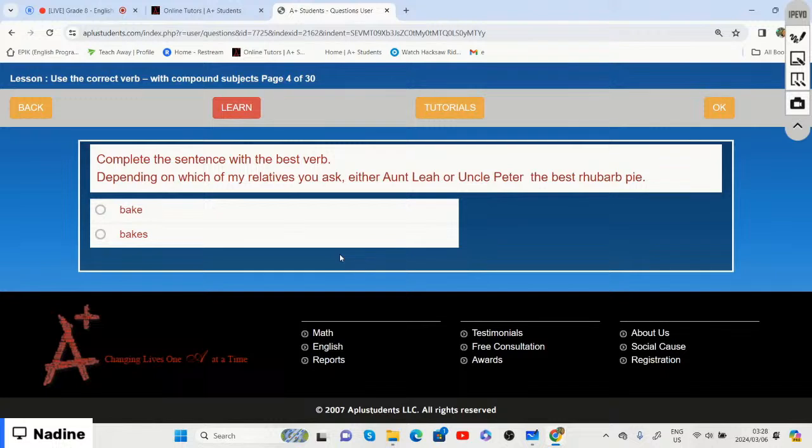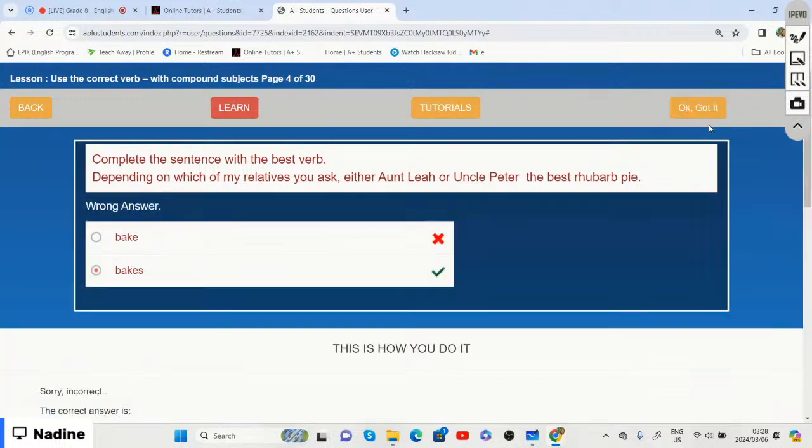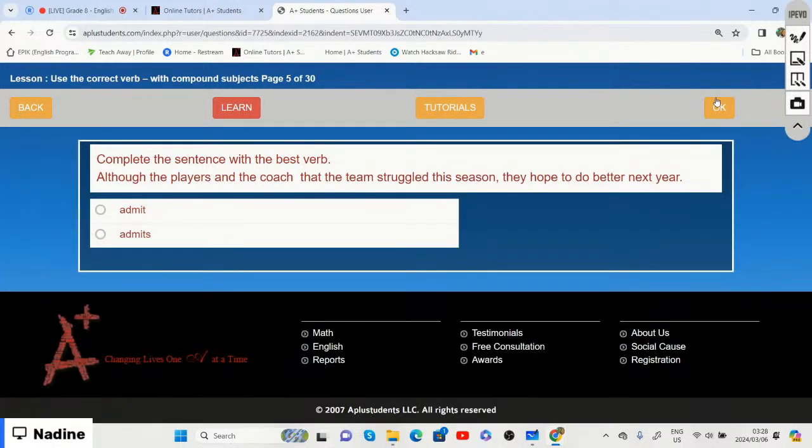It's bakes, because it's still referring to one person. But if we're referring to two people, then it is bake. Since we're saying or, we're basically referring to one person.